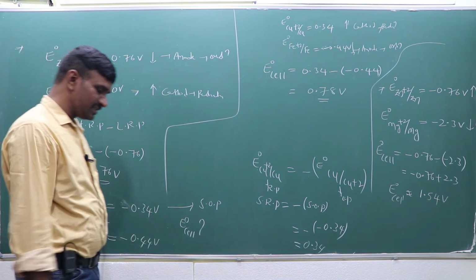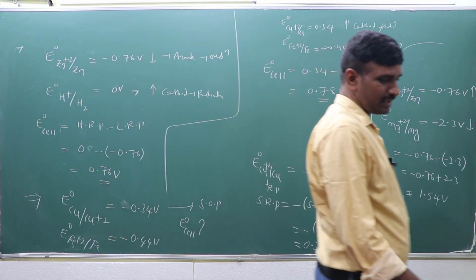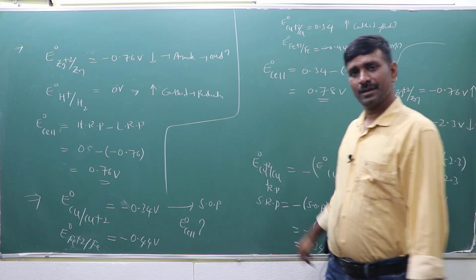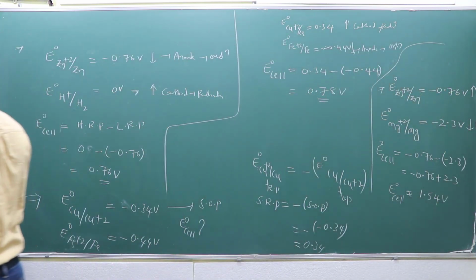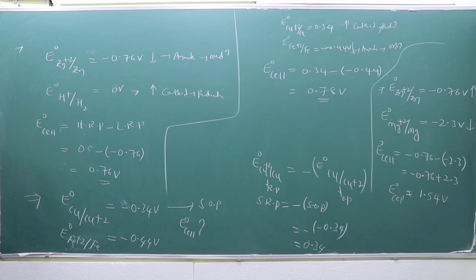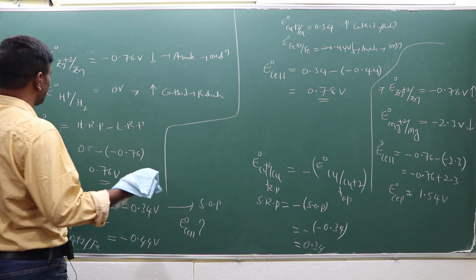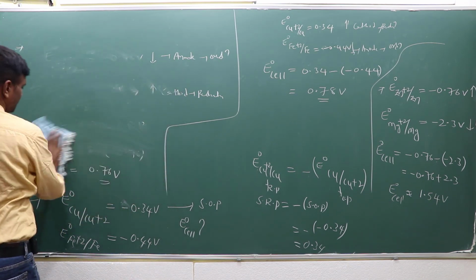So how to calculate the E0 cell? In this manner you can calculate it. Higher reduction potential minus lower reduction potential. You should check whether both values are given as reduction potentials or not. If both are reduction potentials, go for higher reduction potential minus lower reduction potential. If not, you can convert the oxidation potential to a reduction potential.